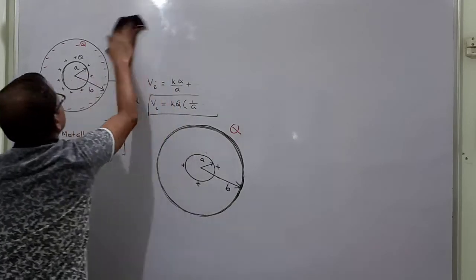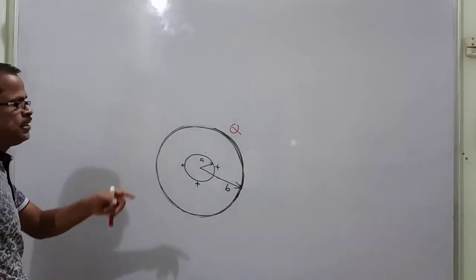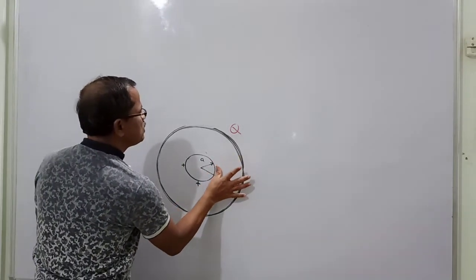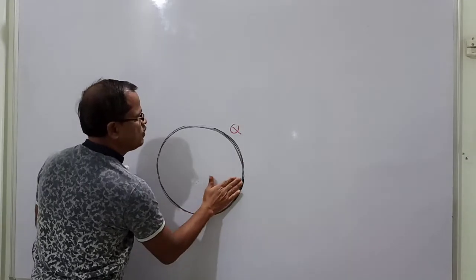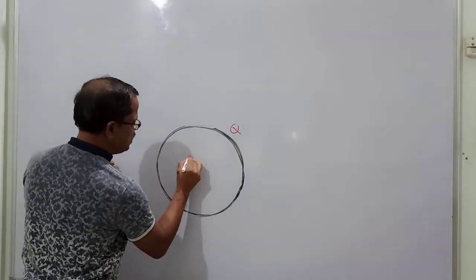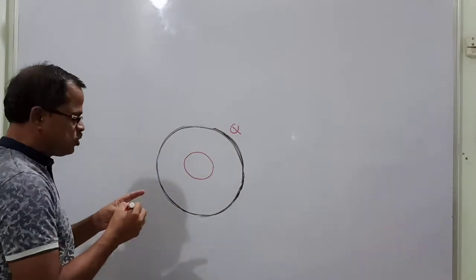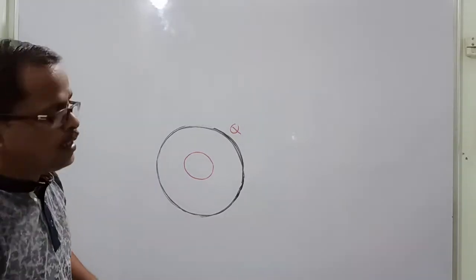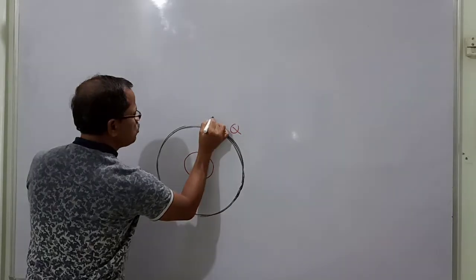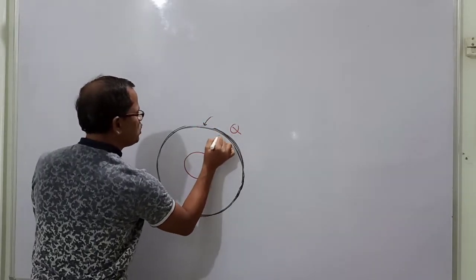First case: charge q is given to the outer sphere. This is the inner sphere. When charge is given to the outer sphere, we can think that out of the total charge q, some charge will be on the outer surface and some charge will be on the inner surface.